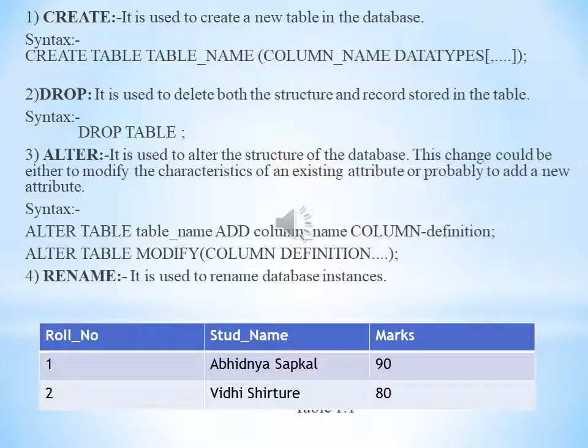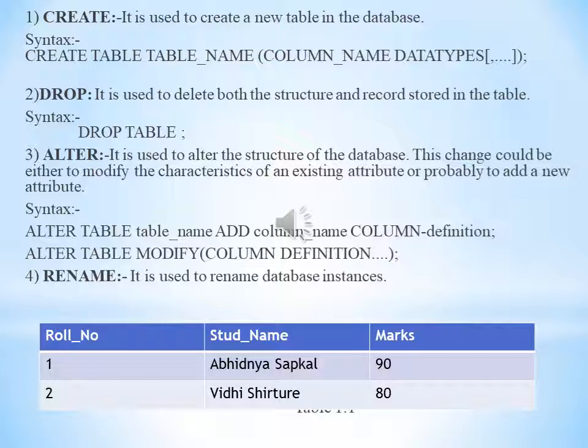The syntax of drop table is drop table followed by the table name, student. Then your table is permanently deleted from the database system.